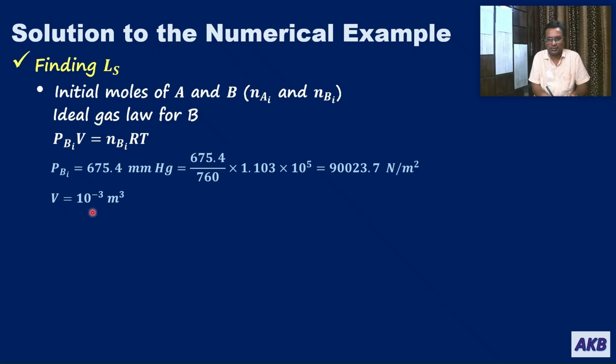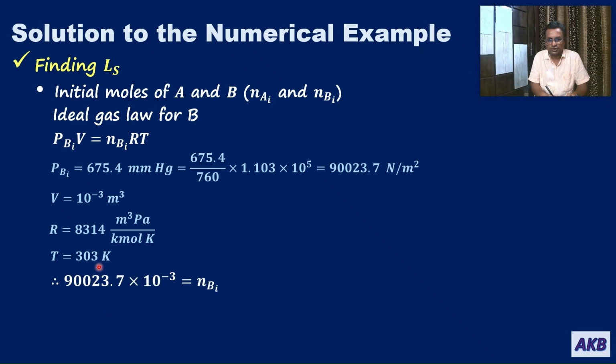Volume is 10 to the power minus 3 meter cube, it is given to us. R is 8314 meter cube Pascal per kilomole per Kelvin. Temperature is 303 Kelvin. So it will be 90023.7 into 10 to the power minus 3 is equal to NBI into 8314 into 303.